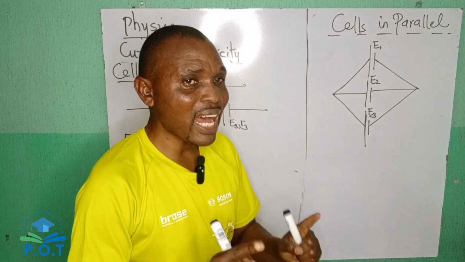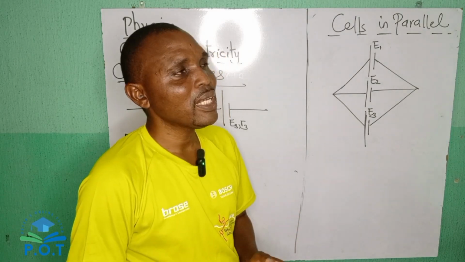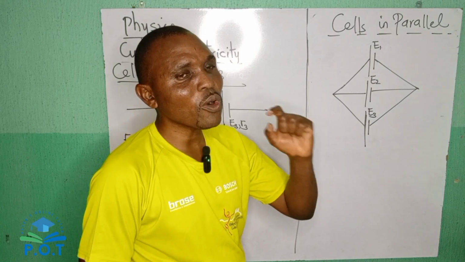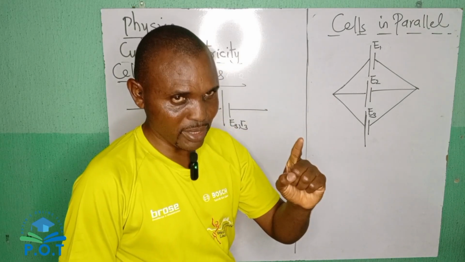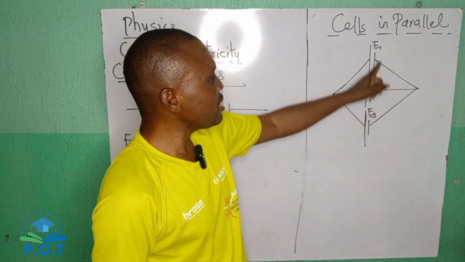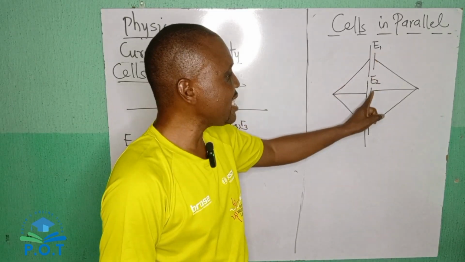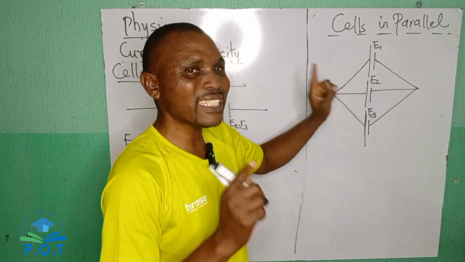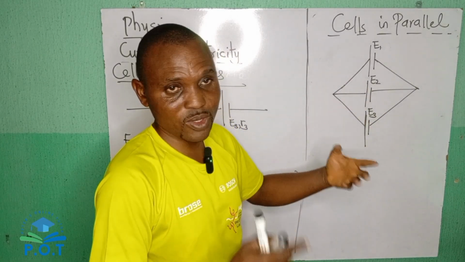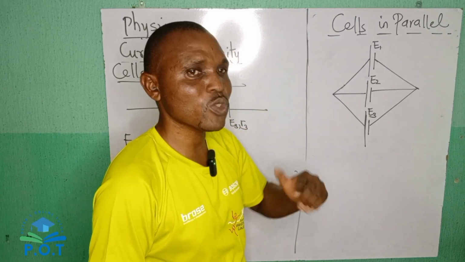When cells are in parallel, every value of the EMF is the same. Am I communicating? So if here is, let's say, 10 volts, here too will be 10 volts, even if you are not given. So long as they say that the cells are in parallel and there are 3 cells or 5 cells, the value of each of the EMF for all those cells will be the same.